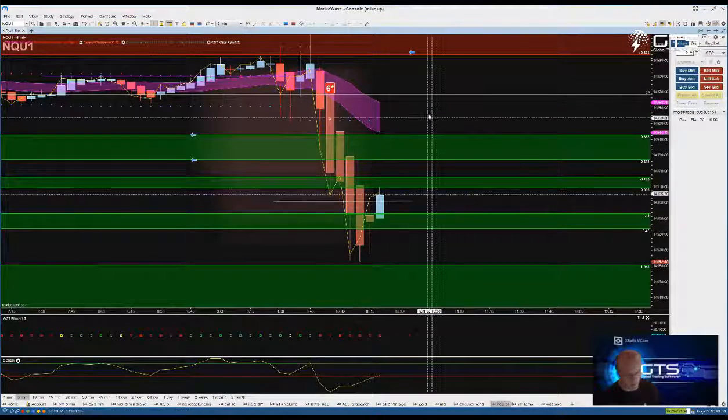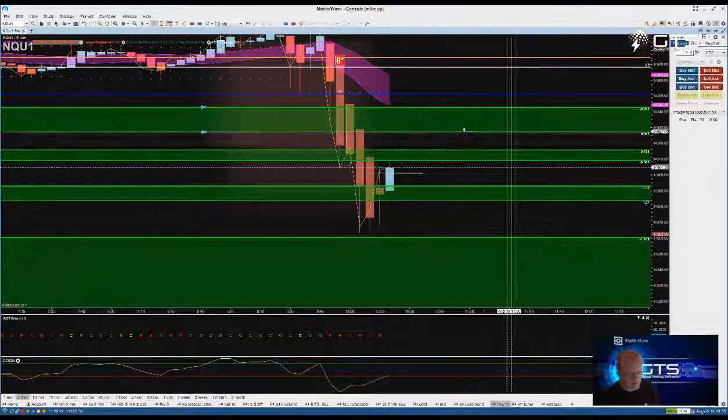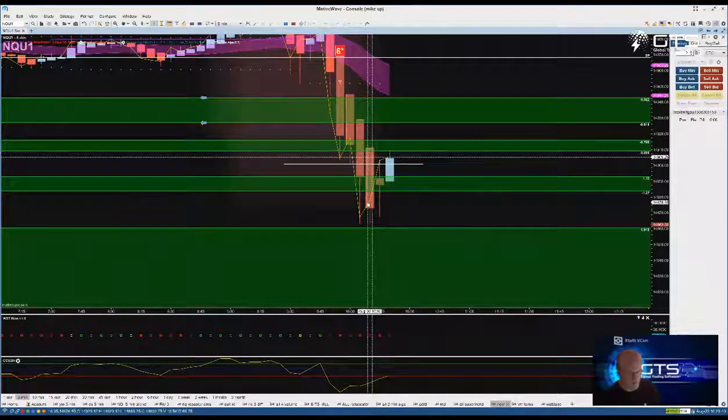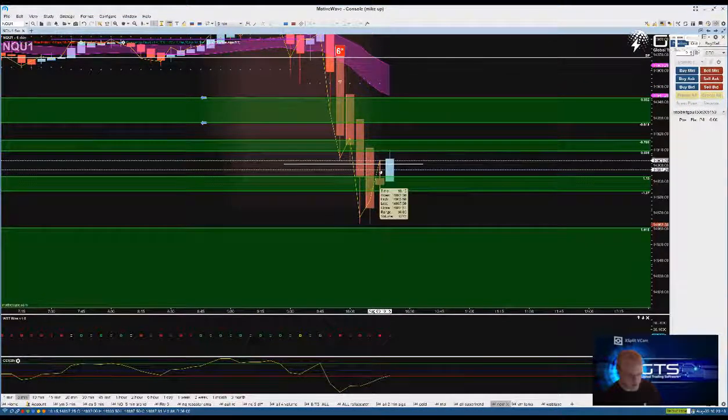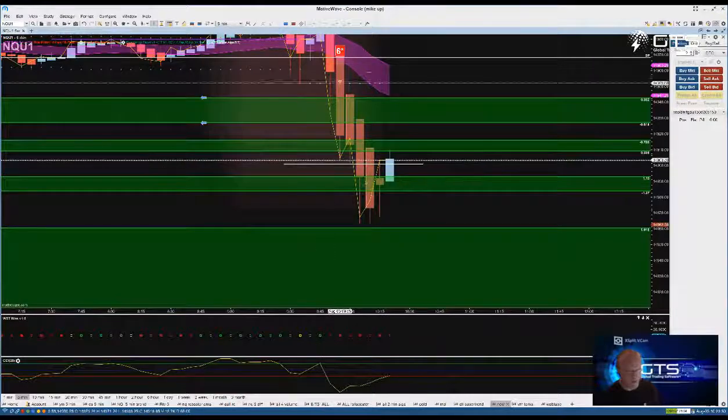Or we get the pull back and a big run up, but this is where you really got to watch yourself and say, okay, I got the down here, but do I take this? No, you don't. You want to wait. If it turns into a 6-star buy, we'll take it.